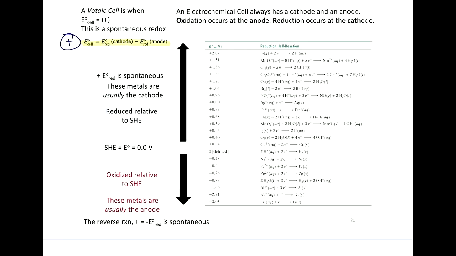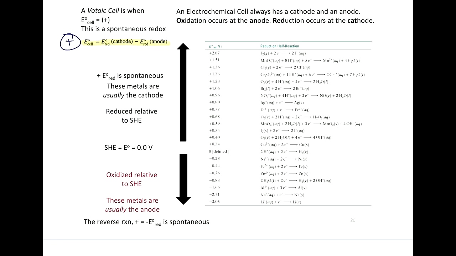Remember, 2 reactions are happening, a reduction reaction and an oxidation reaction. So we're going to add up those 2 numbers in a certain way. By convention, we're going to take the reduction potential at your cathode, and subtract the reduction potential at your anode. So being able to identify what's your cathode, what's your anode, super important here, all right?